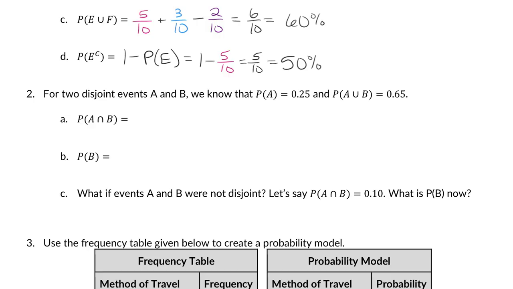Here's your hint. What does it mean for something to be disjoint? There's nothing in common. So what is the probability if I get something that's in A and B? 0. There's nothing in common. Disjoint means there is nothing in common. So it's 0.